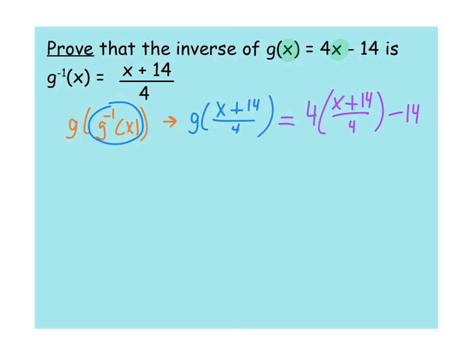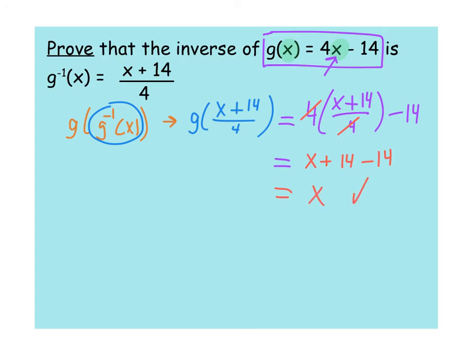I just used this shell and plugged in the expression for where the x was. It's 4 times the x, and then minus 14. When we simplify, notice we're multiplying by 4 out here, but then we're dividing by 4 right away. So this is x plus 14, and then there happens to be a minus 14 sitting out there, and that simplifies to just x.